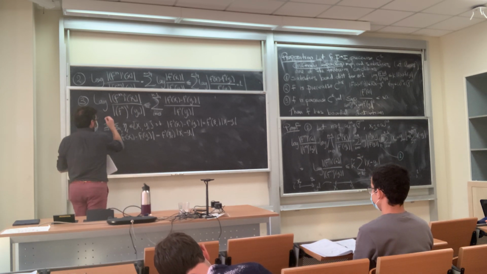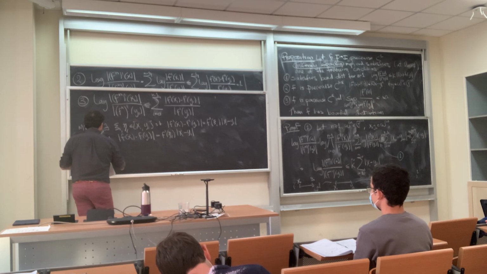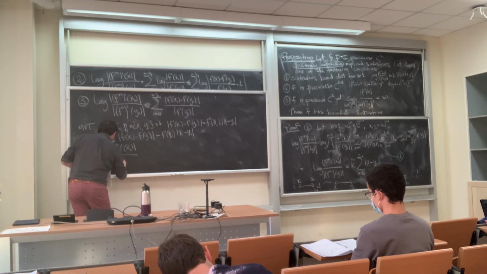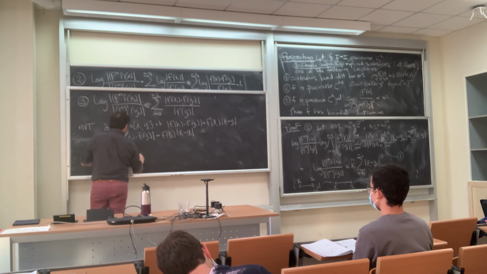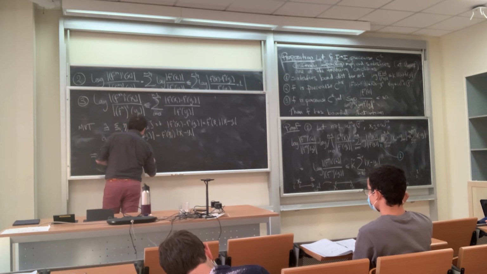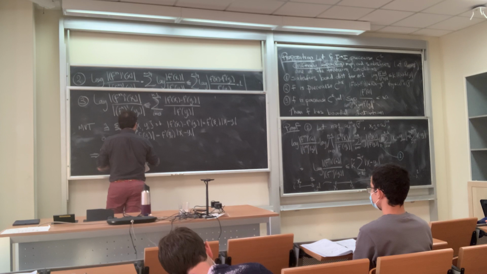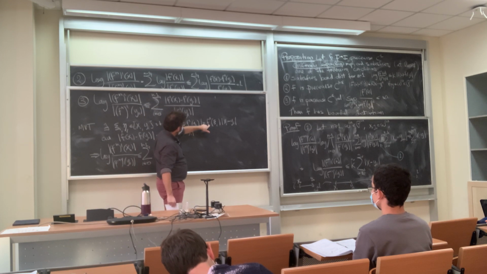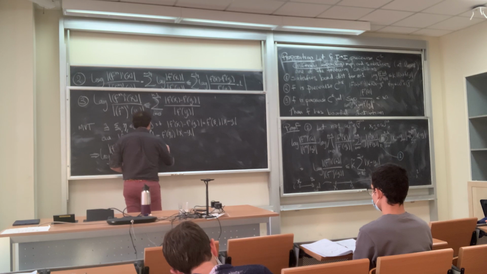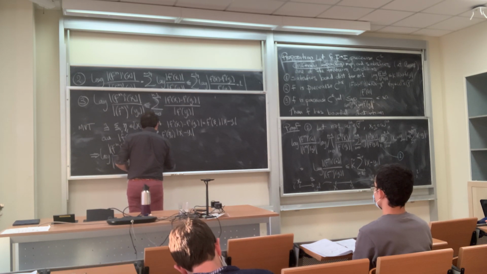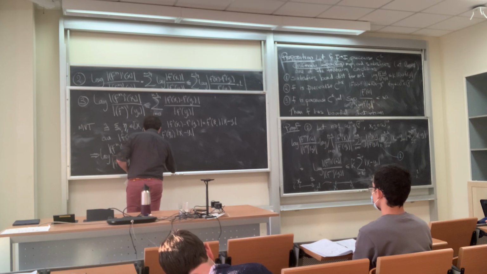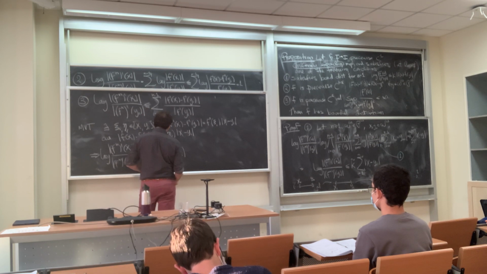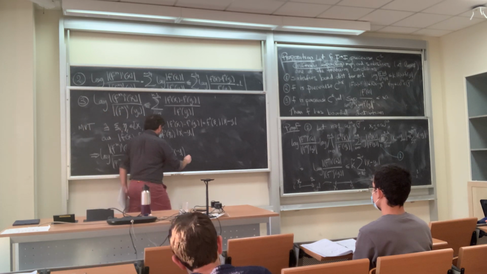So this implies that we have the log of fn prime over 0 over fn prime over 0 is less than or equal to the sum from i equals 0 to n minus 1 of, and here I'm going to substitute this f double prime psi i, so this is f double prime psi i over f prime of yi times xi minus yi. Okay, but then I'm going to substitute, let me just write it here.